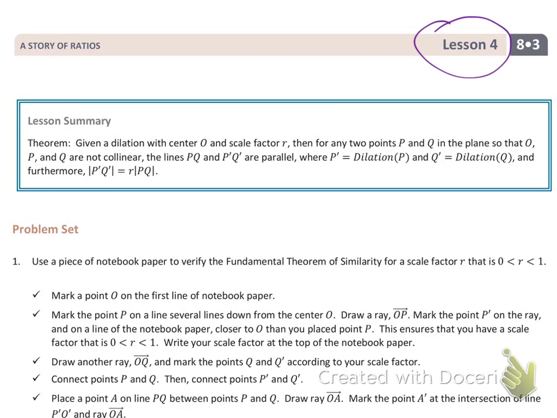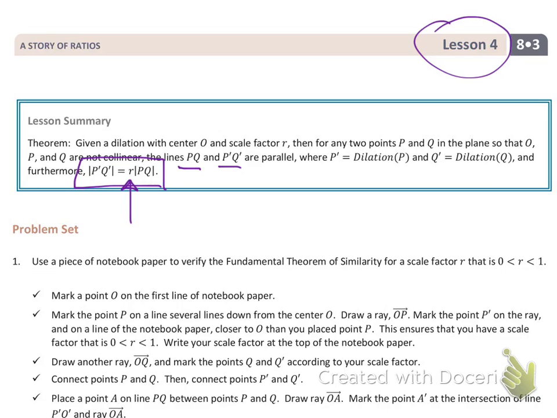If we have a dilation with center O and scale factor R, and we pick any 2 points in the plane that are not collinear, then the segments PQ and P prime Q prime, where P prime is the dilation of P and Q prime is the dilation of Q, will be parallel, and they'll also be in proportion with the same scale factor that we dilated the original points with.